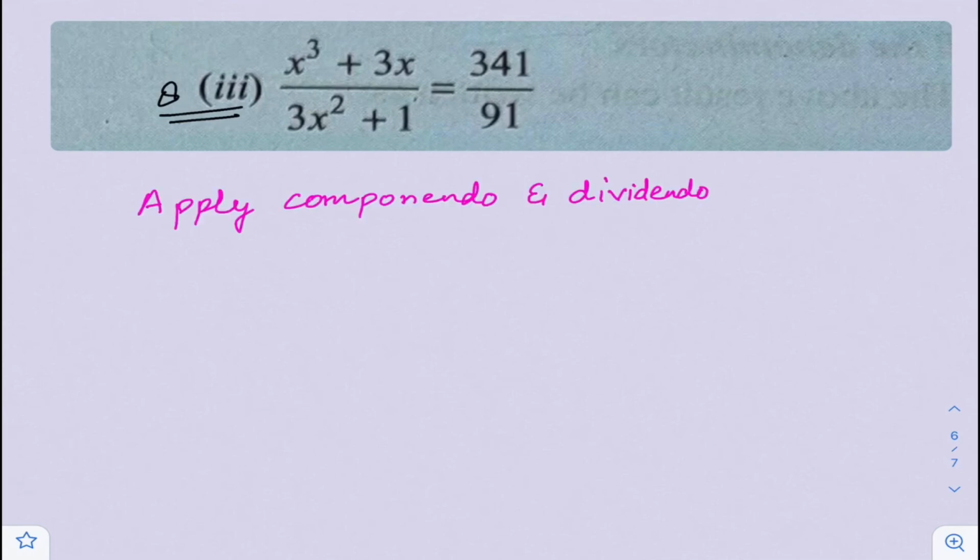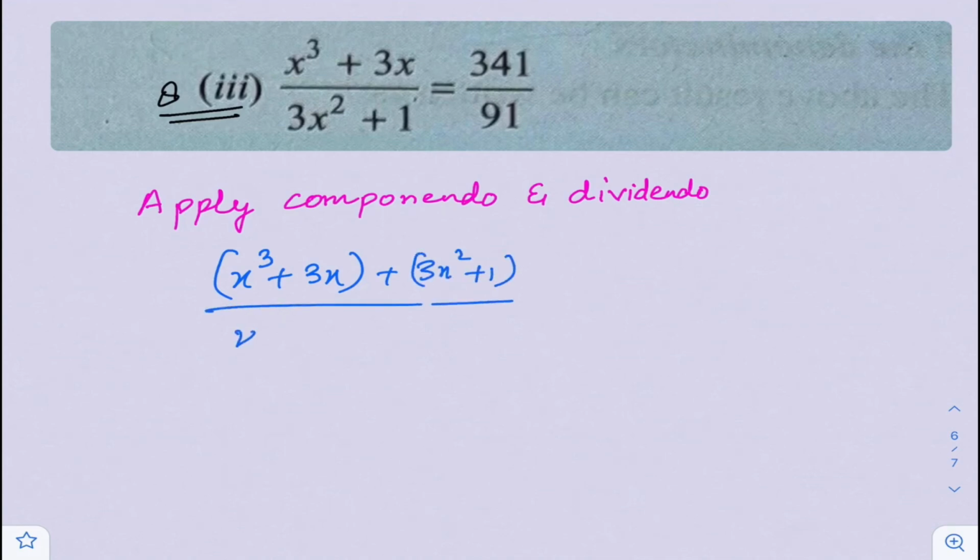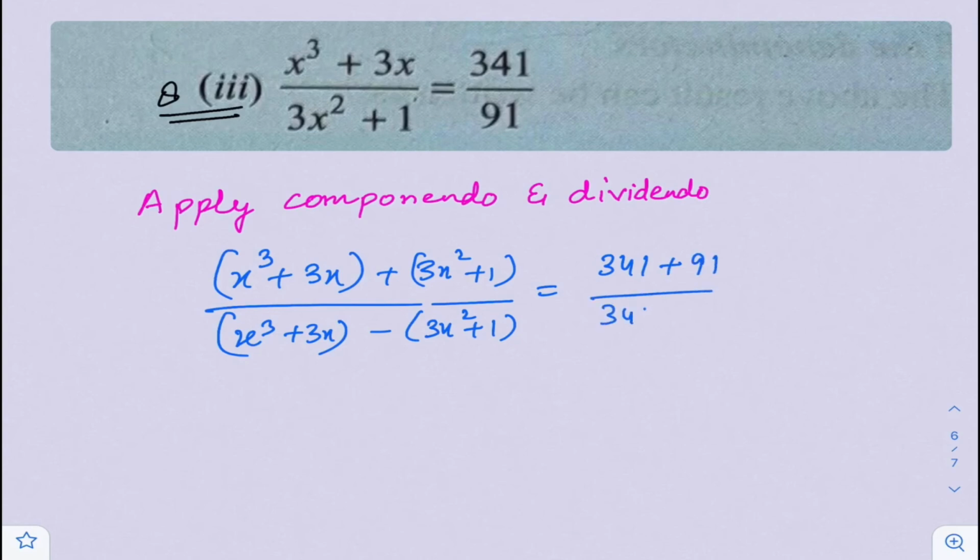Apply componendo and dividendo. (x cube plus 3x plus 3x square plus 1) over (x cube plus 3x minus 3x square minus 1) equals 341 plus 91 over 341 minus 91.